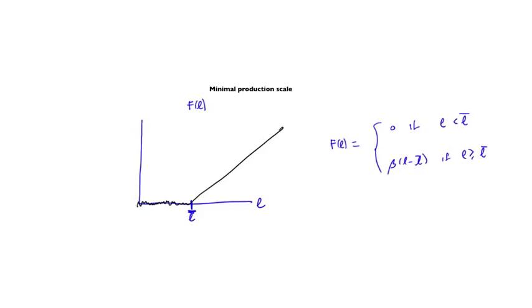The basic intuition is that it takes L bar units to set up the basic infrastructure of the company, to put up the buildings, plug in the machines. Even before you start production, you need to spend this much labor input to get something from which you can start producing, getting the building and the factory ready. And it's only the extra workers on top of that that can become productive.